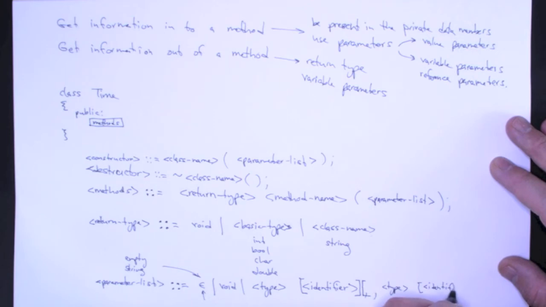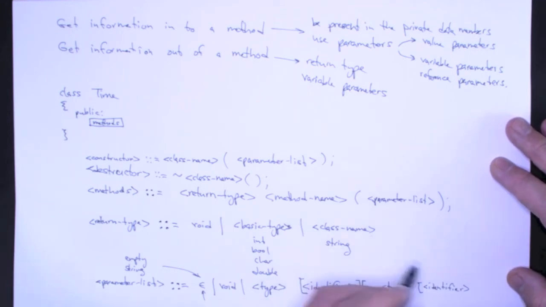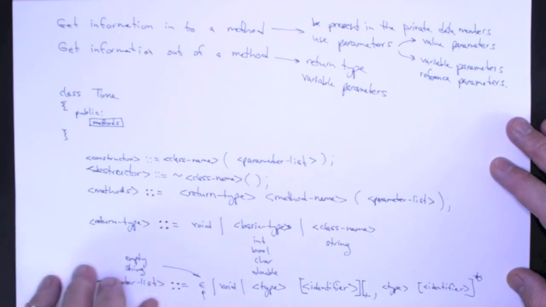I tend to always include the identifier just so you can look at the method's definition and have a better understanding. Well, what is this integer? And you get some semantic information from the identifier. And then, of course, you have to have either none, one, or more than one. All right, and that's how we define our parameter list.